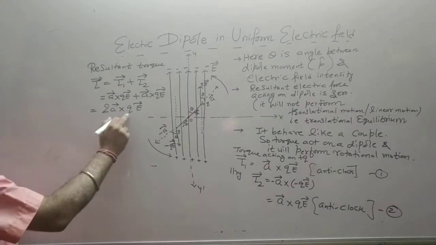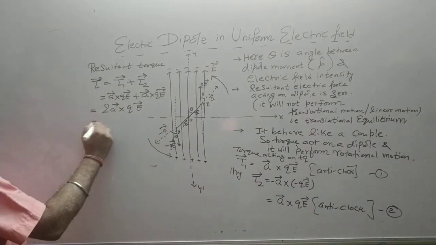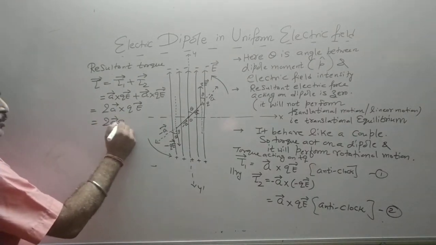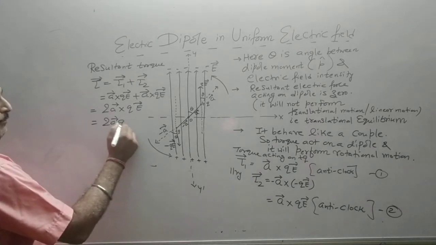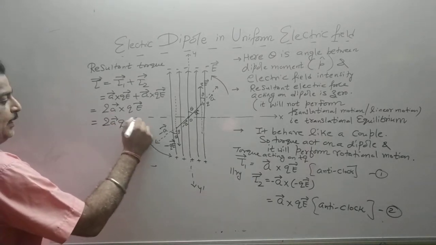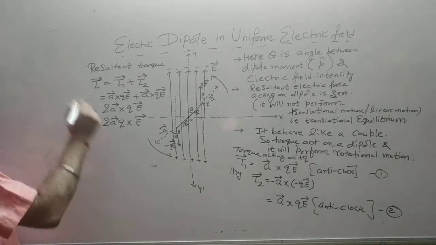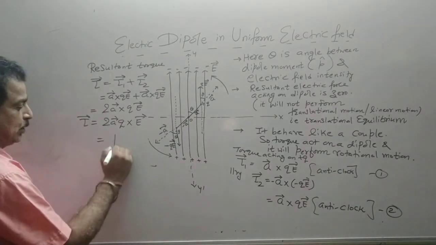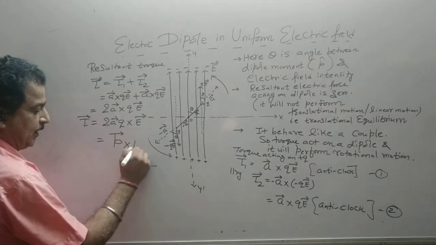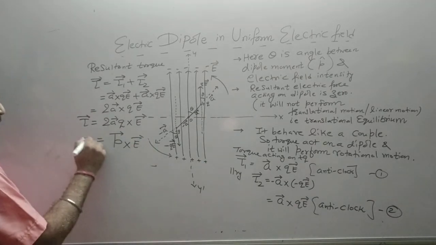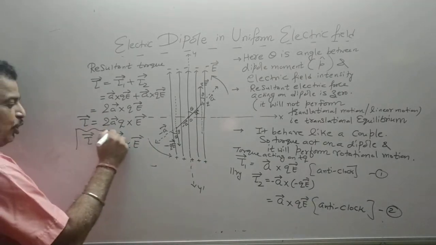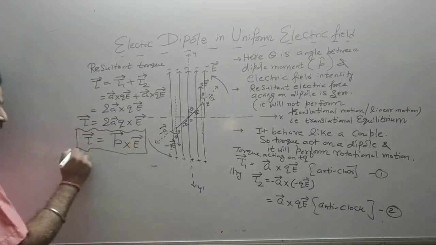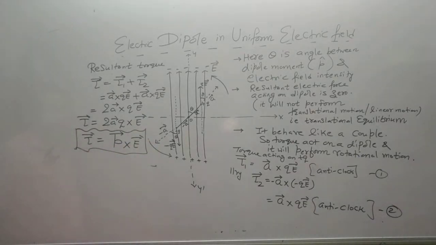Now if Q is a scalar quantity, I can bring this scalar quantity on this side. So it becomes Q 2A vector cross E. Now this 2A vector into Q is called dipole moment P vector. So the torque acting on a dipole is P cross E.